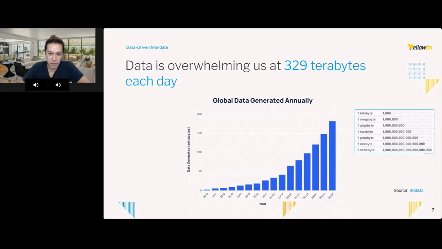And of course, even the simple act of opening the fridge generated data, sent to my phone, and I got an alert that my fridge was open and I shouldn't forget to close it. So I wonder how many megabytes or kilobytes of data I generated all before my first cup of coffee. And you extrapolate that to 8 billion people across the world, and it's not hard to fathom that 329 terabytes of data are generated each day by everyone in the world.